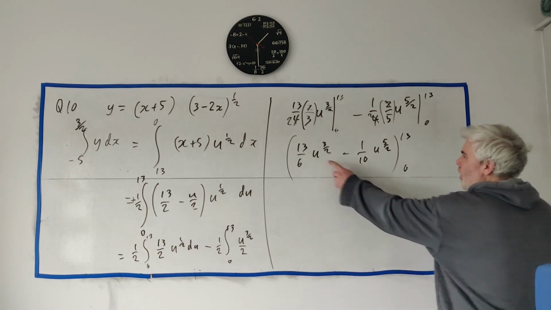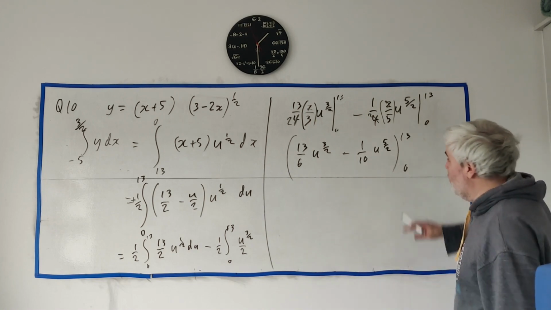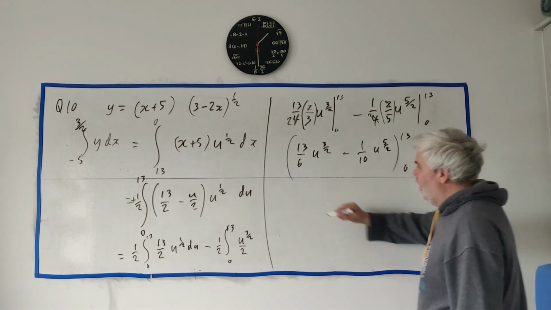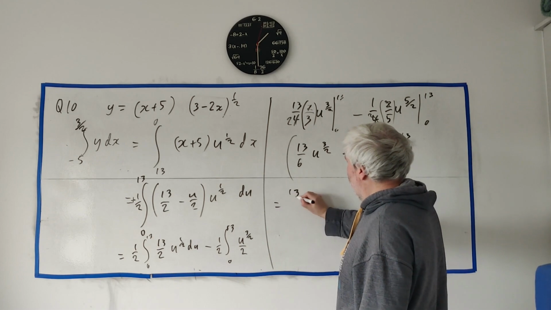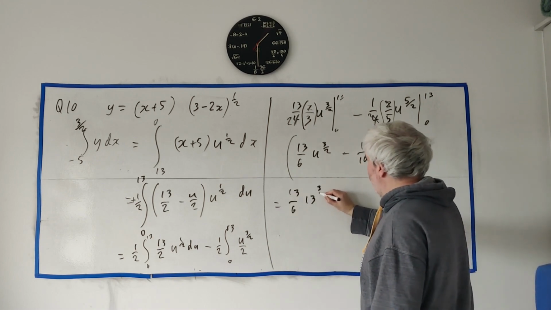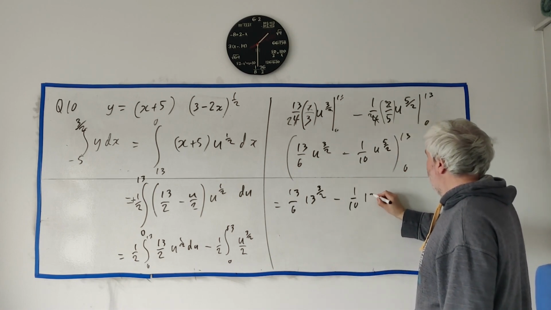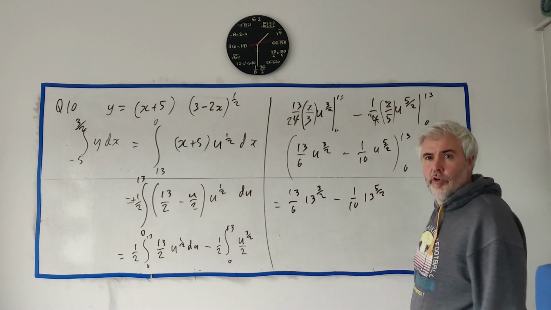Now with the 0, when it goes in, it'll be easy because that's 0 and that's 0. So we could actually ignore this 0, just the 13 going in. This becomes 13 over 6, 13 to the power of 3 over 2, minus 1 over 10, 13 to the 5 over 2.